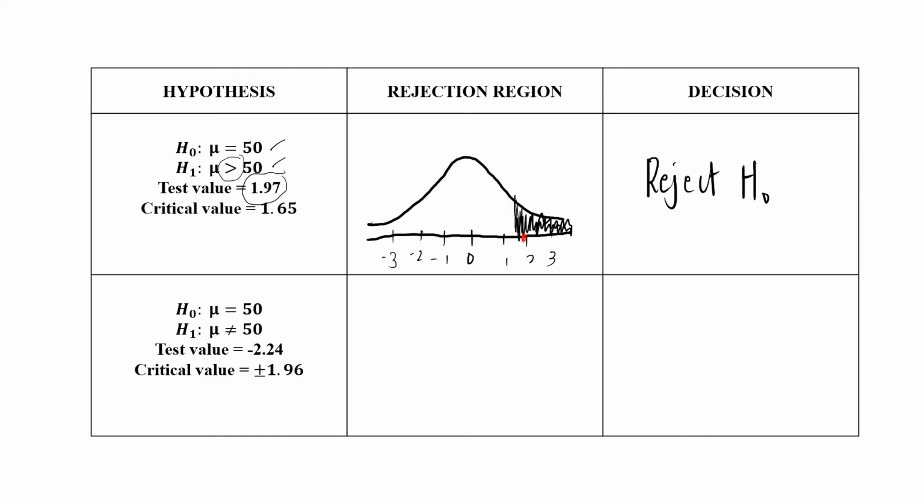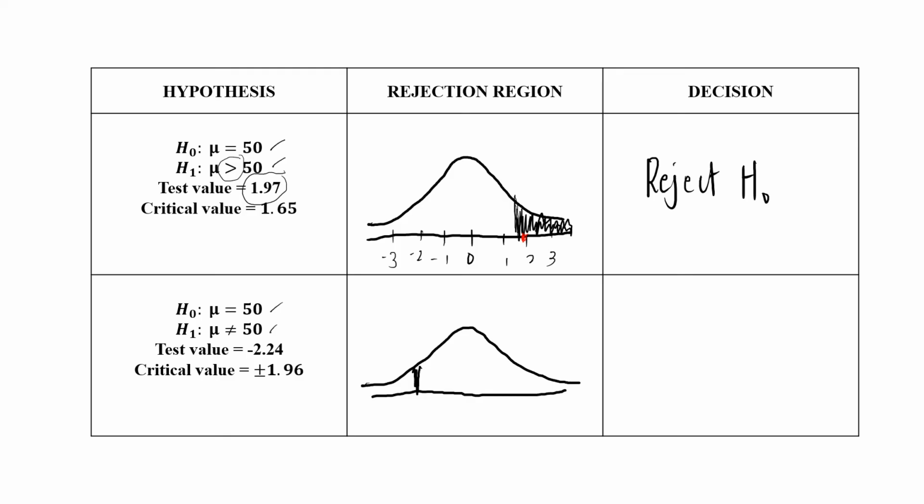So last example. Okay, the null hypothesis is equal to 50. Alternative hypothesis is not equal. So, two-tailed ulit ito. Then, the test value is negative 2.24. Then, the critical value is positive and negative 1.96. Okay, so, plot ulit natin yan.